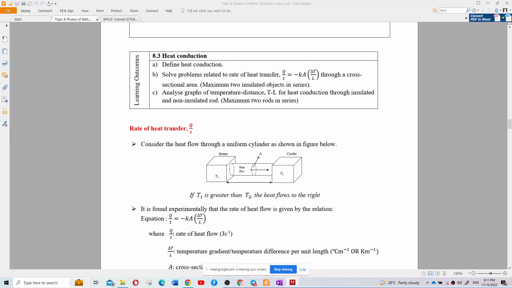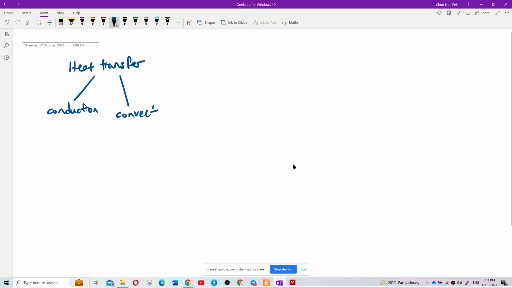We know that heat transfers by three means. I believe all of you learned about this. The first way is by conduction, and then heat also transfers by convection, which happens in liquid or gas.